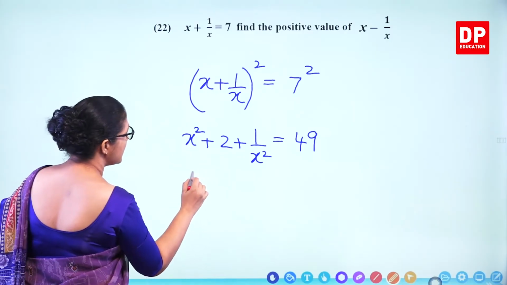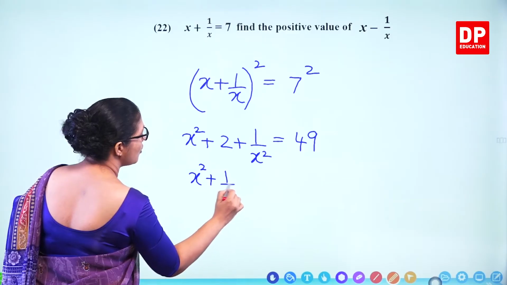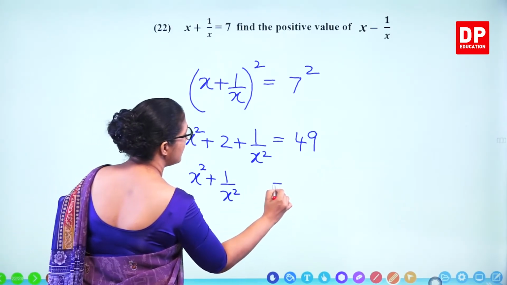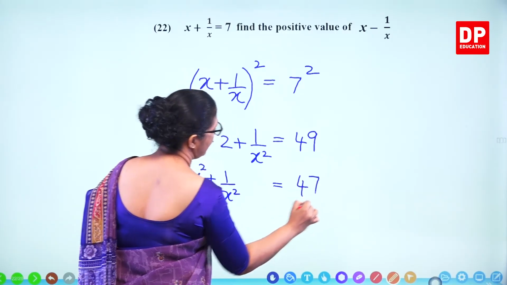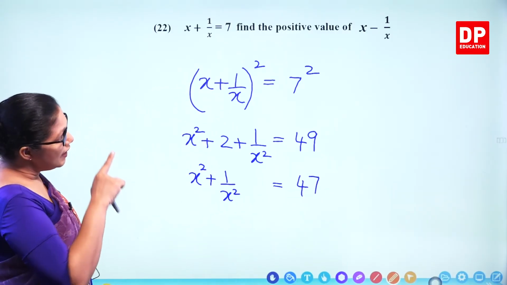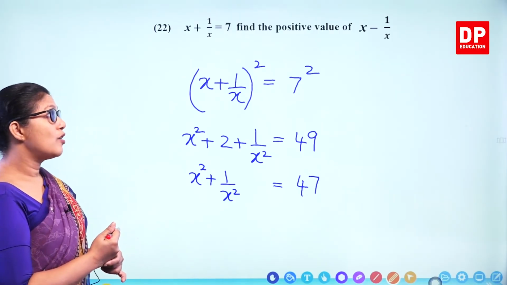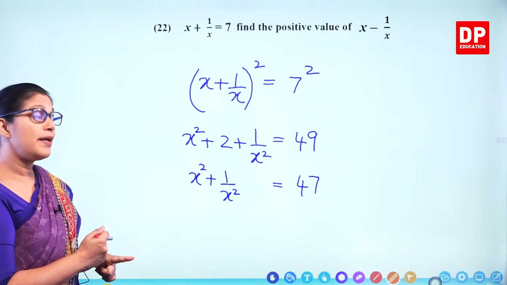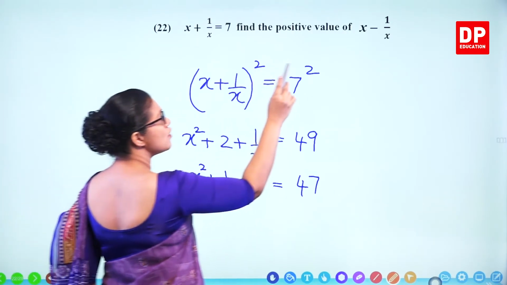So we need x squared plus 1/x squared. Here we'll take 2 to the other side. 49 minus 2, 47. We need to make x minus 1/x. We know when you square it, you get minus 2 in the middle, because 2 times x into 1/x.